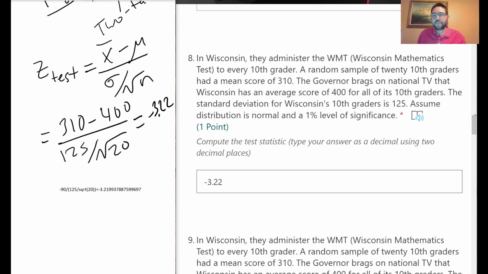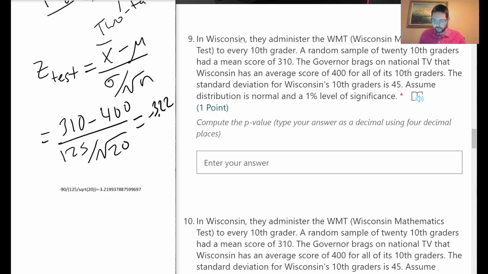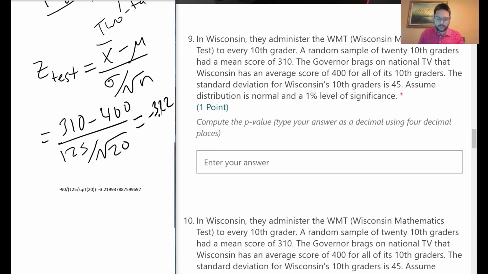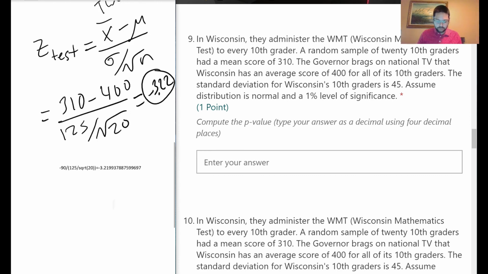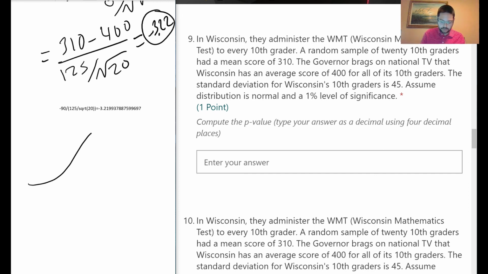All right, so for number 9, they said compute the p-value for the Wisconsin problem. Since we're dealing with z-scores, this is my z-score, negative 3.22. Let me show you how to set up the bell curve for this. Since this is a two-tailed test, you have a negative side and a positive side, as far as your tails are concerned. You have both tails.